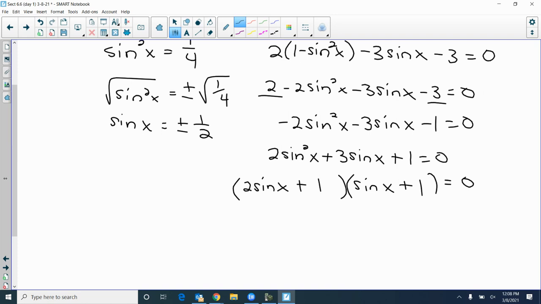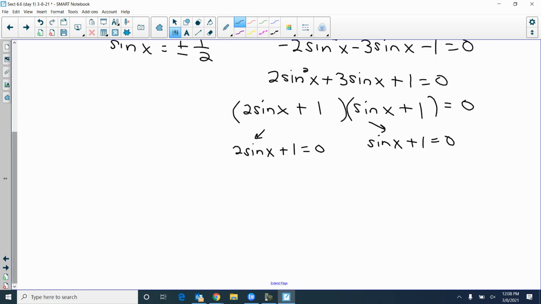And then I get, what is that? 2 sine of x plus 1 equals 0, and sine of x plus 1 equals 0, and sine of x equals negative 1/2. Sine of x equals negative 1. What do we get for sine of x equals negative 1/2?